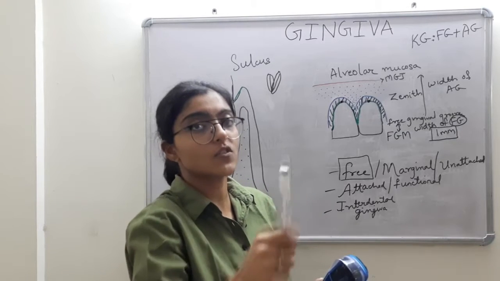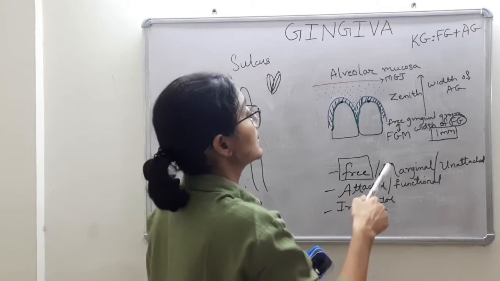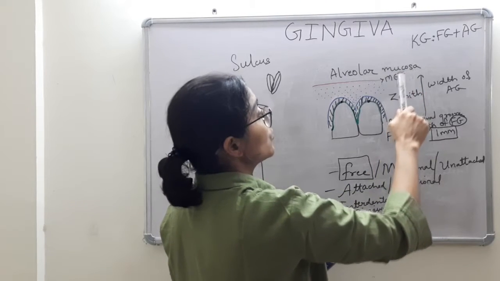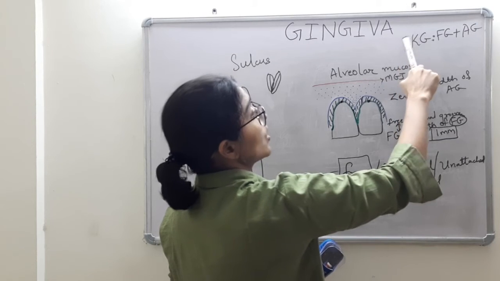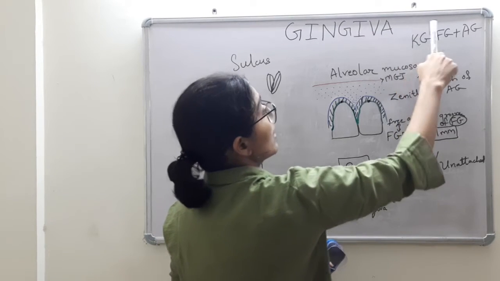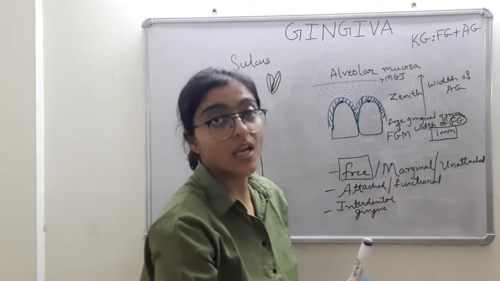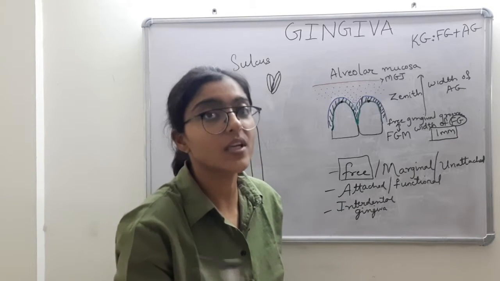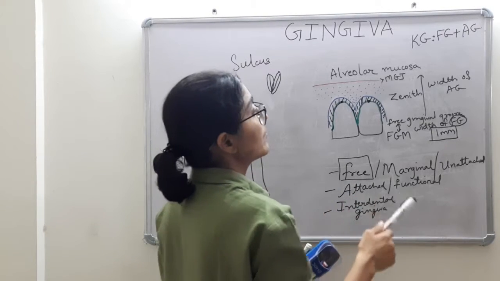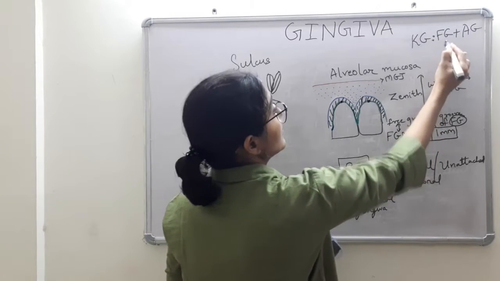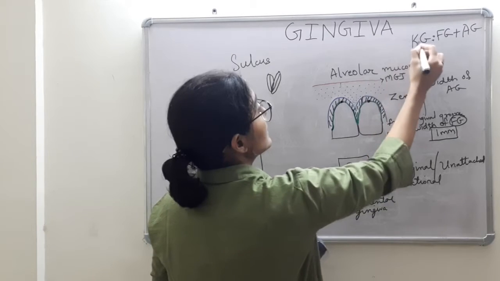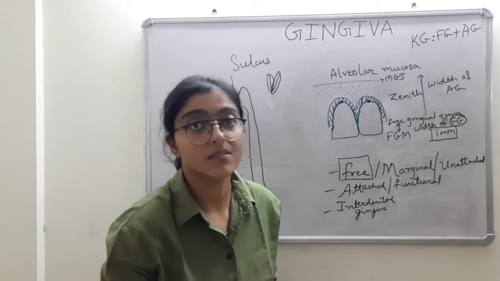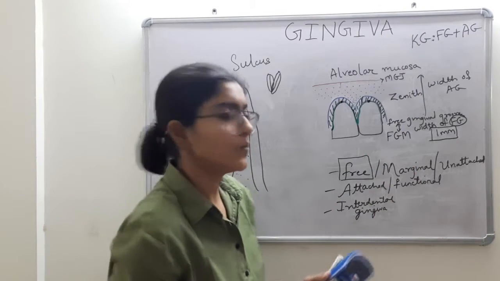This query is already solved there, but still I am repeating it here. Do not confuse the width of attached gingiva with the width of keratinized gingiva, because the width of keratinized gingiva also includes free gingiva, which is not attached. It is unattached. So remember, free gingiva width plus attached gingiva width is the width of keratinized gingiva. Clear till now?